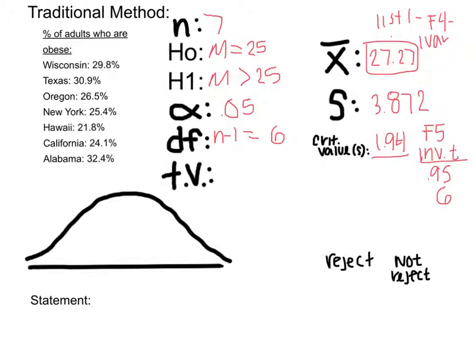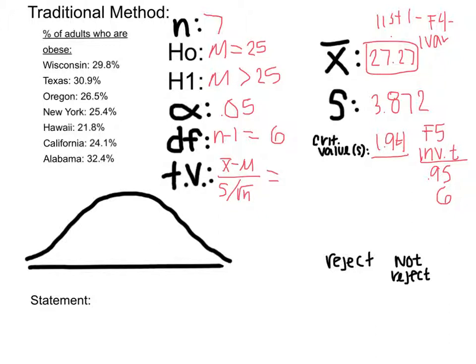Okay, and the test value equation for a t-test is test value equals x bar minus mu, divided by S divided by the square root of n.